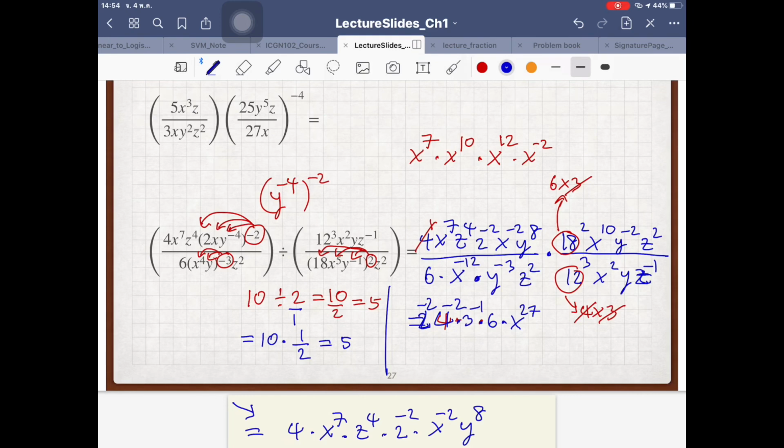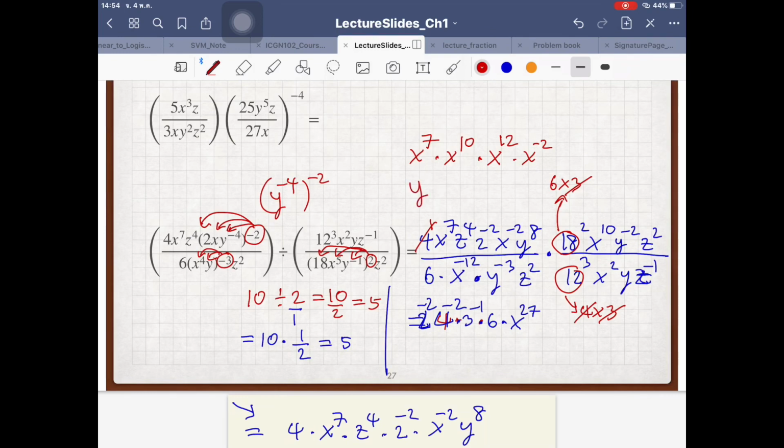And then for the term y, what do we have? You have this term, this term, this term, and that term, right? For this term again, when you flip it upside down, you need to get the power minus of this number. Minus of negative 3, you get plus 3.